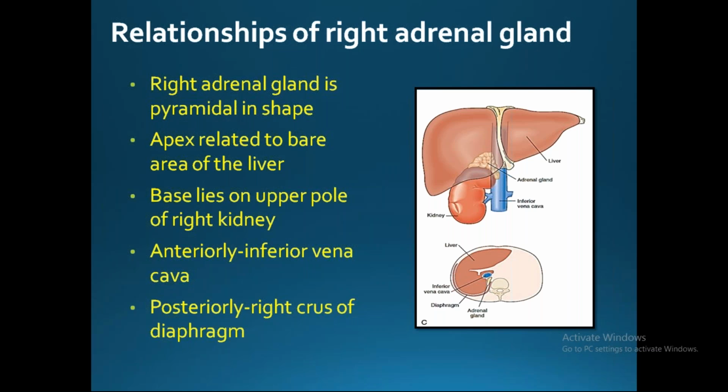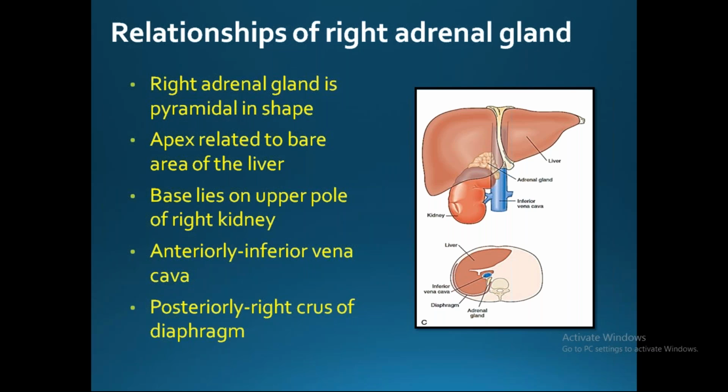Coming to the relations, the right adrenal gland lies over the upper pole, lateral to the inferior vena cava, and posterior to the liver. The upper part indents onto the diaphragm. So any adrenal swelling might move with respiration, because this adrenal gland is in contact with the diaphragm.